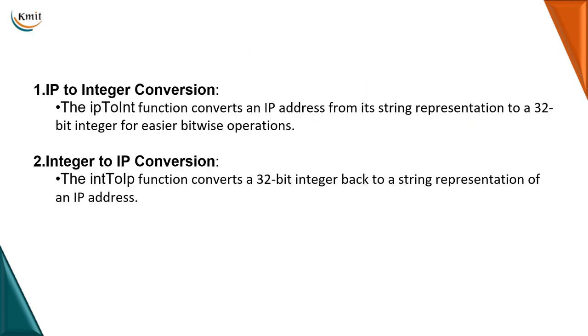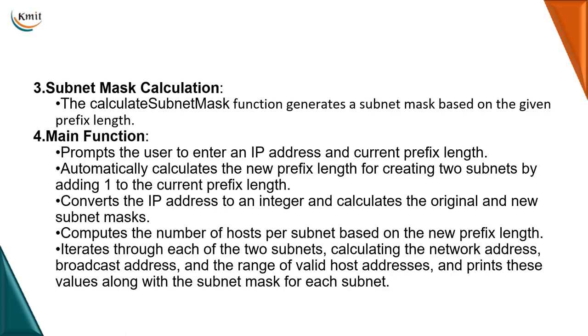Now we have to write a program to implement the concept of subnetting. So what we firstly require are the important functions: you have to write a function for converting the IP address into an integer, and again an integer into an IP address. We have to do subnet mask calculation. How do I calculate the subnet mask?